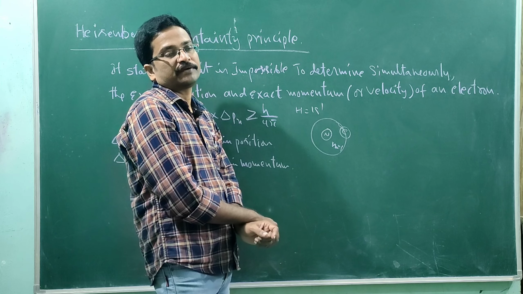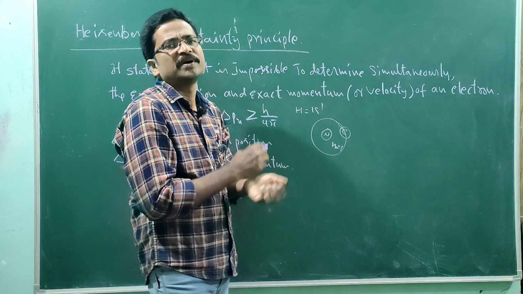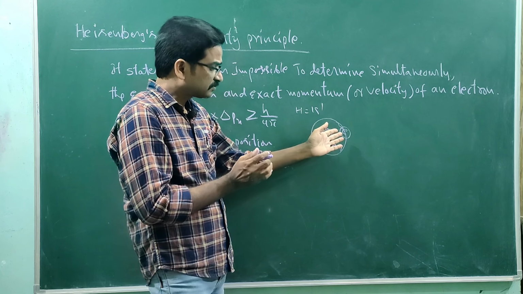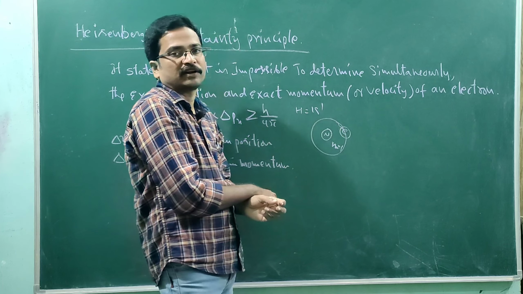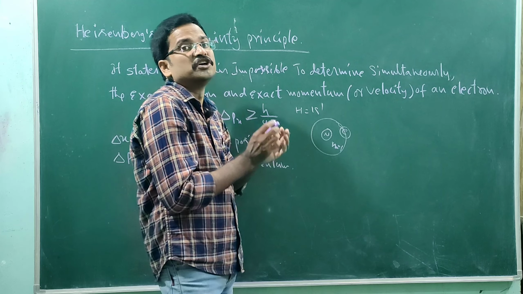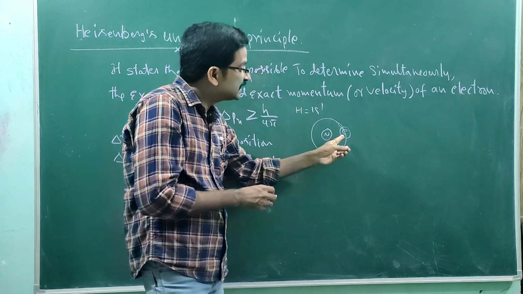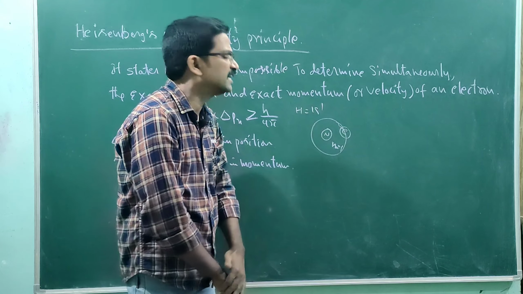Let us take the diameter of the electron to have some value; if you are using light to see the electron, that light's wavelength should be less than this diameter. Then only you can see the electron.